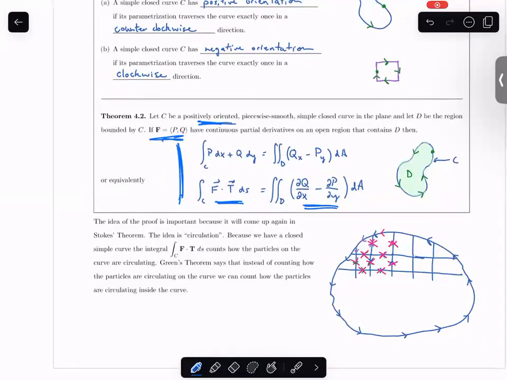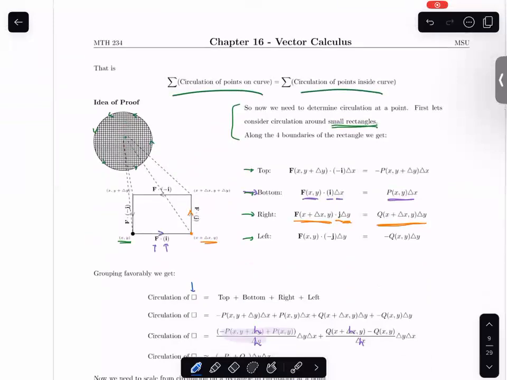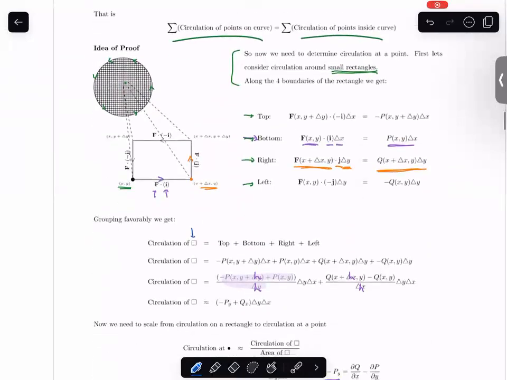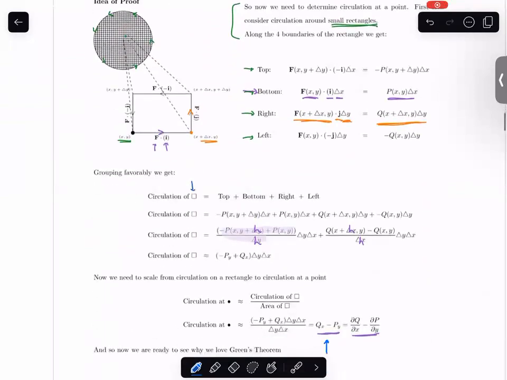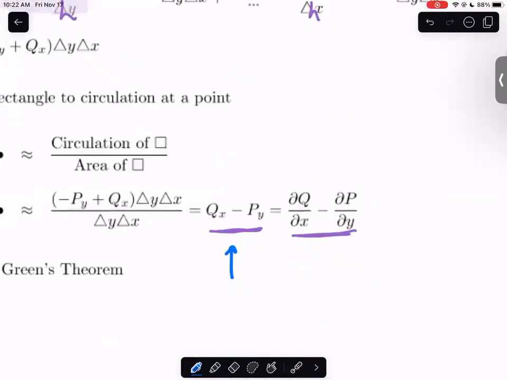And so then the rest of the video, I just spent trying to explain why this is the case and give you an idea of the proof of Green's theorem, breaking down your region into lots of small rectangles and trying to calculate this circulation, you could call it, going around in a counterclockwise direction. If you very carefully add up all of these line integrals, and calculate circulation at a point, you end up with this quantity Q sub x minus P sub y.